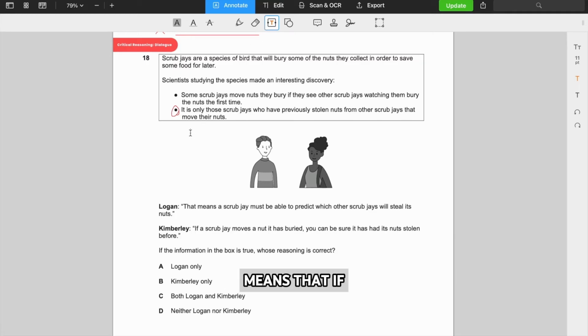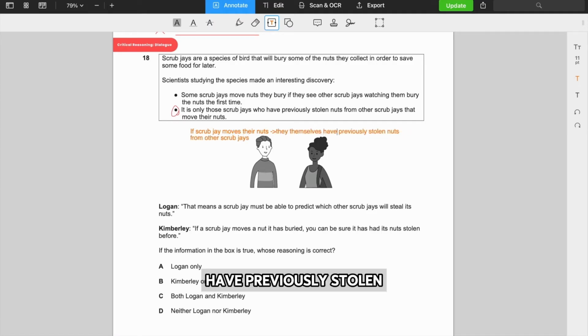So that means that if scrub jays move their nuts, then we know for sure that they themselves have previously stolen nuts from other scrub jays. Okay, we know that for sure. So if they move their nuts, they themselves have previously stolen nuts from other scrub jays.